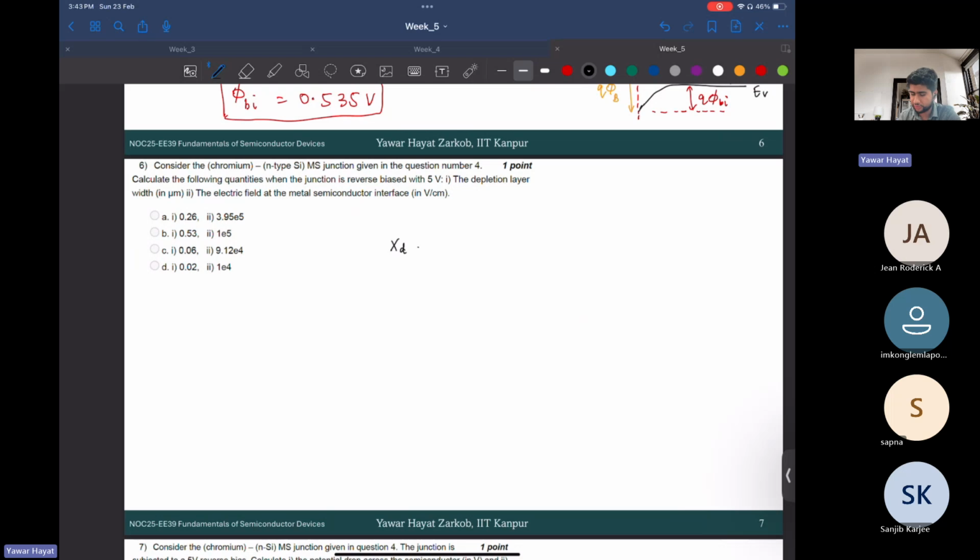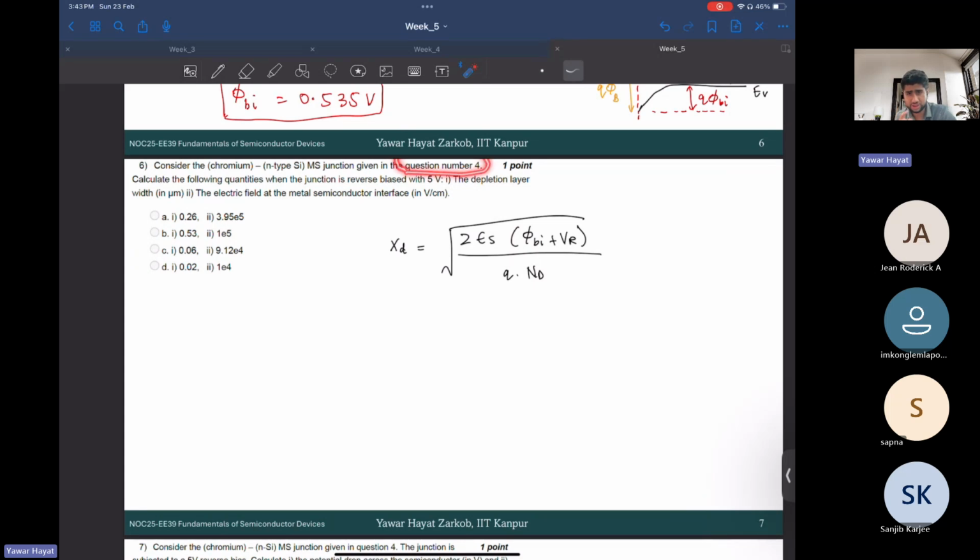Your xt would be equal to the square root of 2 epsilon s times phi bi plus Vr, whole divided by q ND. What is this? This is the built-in potential. You'll compute this built-in potential. Actually, we have already done that, right?